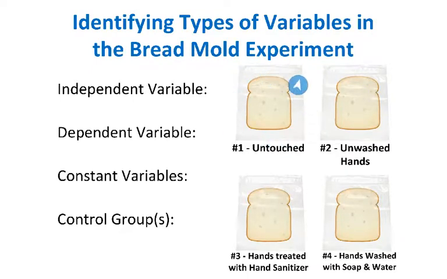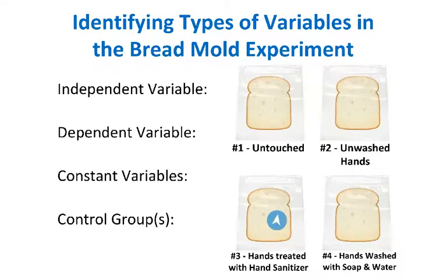So in the first baggie, we'll call it number 1, you are going to have a piece of bread that has been untouched, okay? And then in the second baggie, you're going to have a piece of bread that has been handled and touched with unwashed, dirty hands, okay?